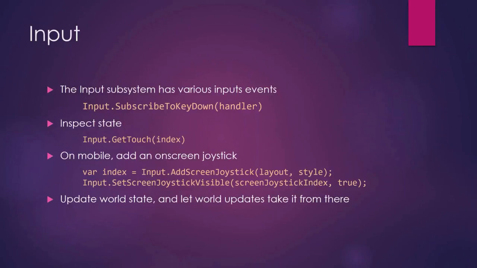You can inspect the various finger touches that are present on the screen at that point and where they are. So for example, you might write a global update handler that every frame checks where all the touches are and puts something underneath each of those fingers to represent some kind of feedback for the user.